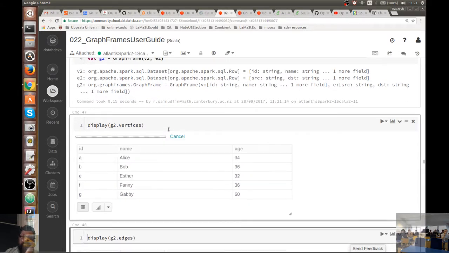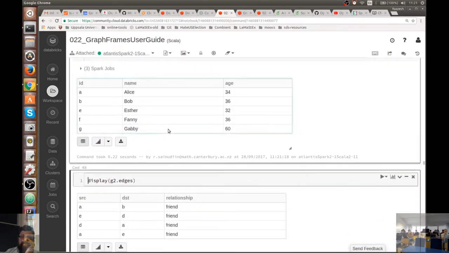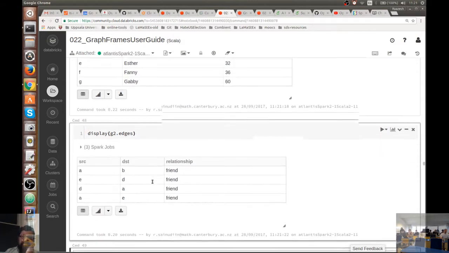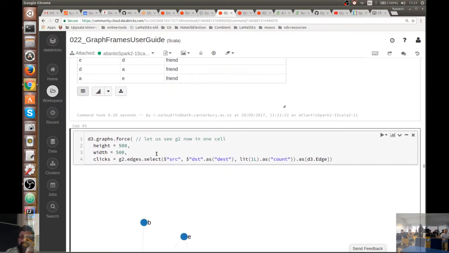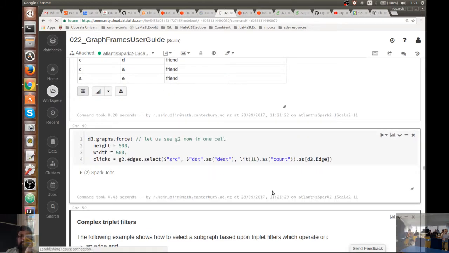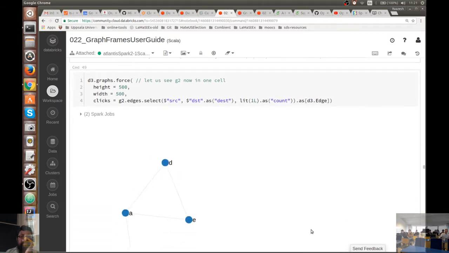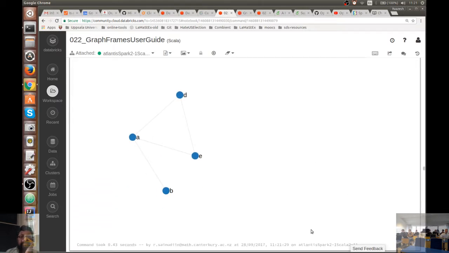And we can just look at the vertices of G2. Of course, they're all more than 30, and these are the edges. And once again, we can just visualize this. There you go.